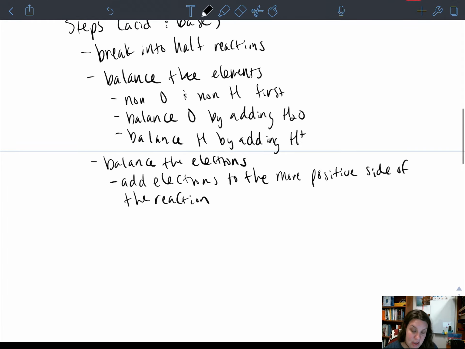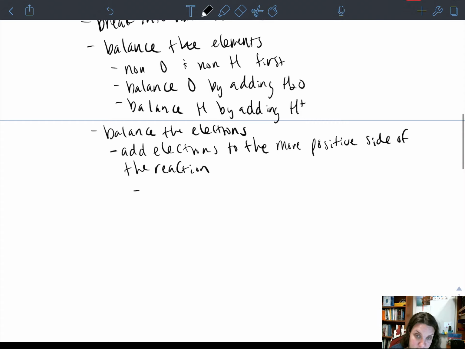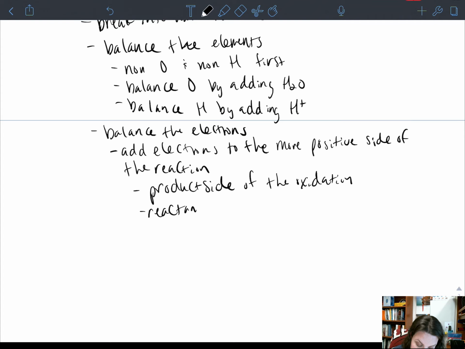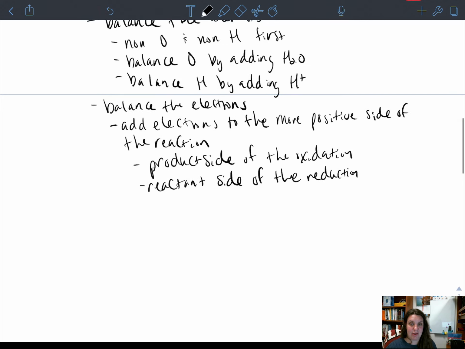Okay? As a note, you'll be adding electrons to the product side of the oxidation, and the reactant side of the reduction. So if you know which one's which, you can do that.